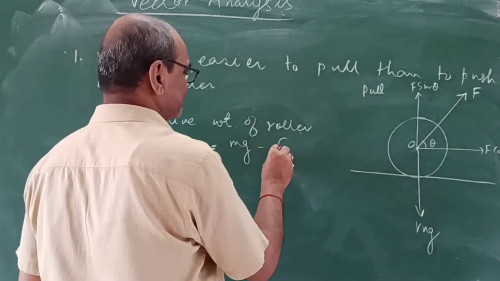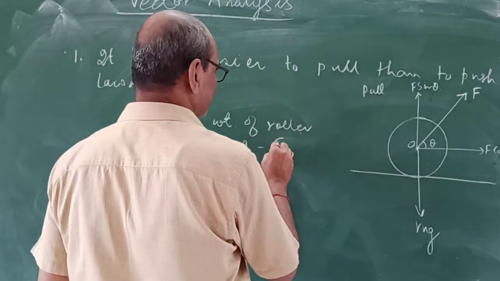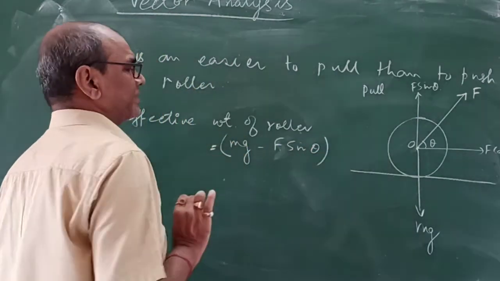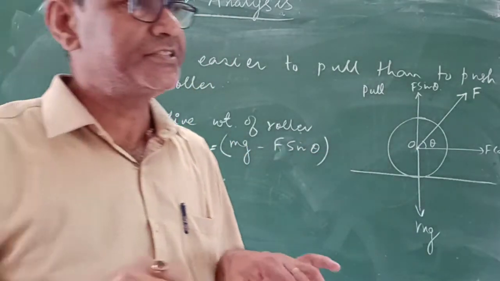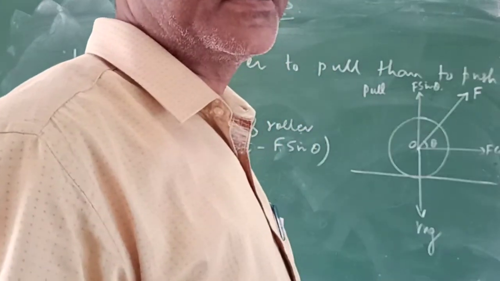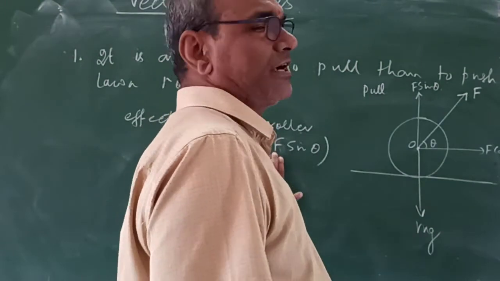I am not taking the force of friction into account, because in this chapter we do not consider the force of friction. So no need to write the force of friction.